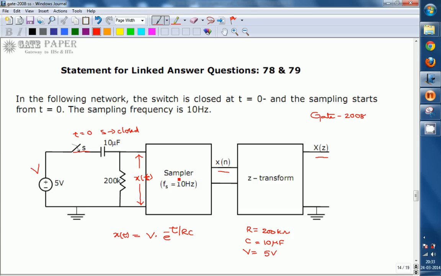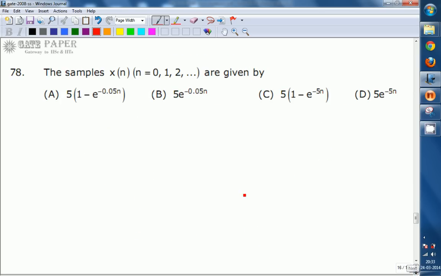For that we need to apply sampling with a sampling rate of fs equals 10 Hz, then we will get x of n. That's what we need to find here. We need x of n by applying sampling to x of t, where x of t equals 5 into e power minus 0.5 t.